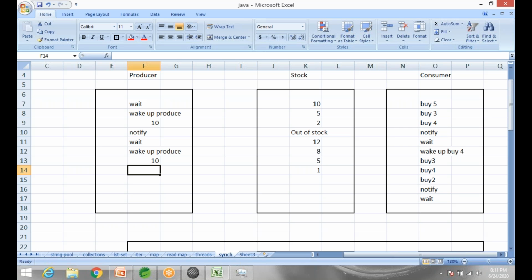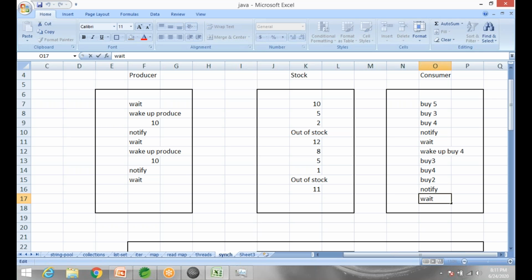What do you do next? You notify. Notify the consumer. And what do you do? Notify. Wait. You wait. Once you notify, whatever the backlog, buy 2. This was in out of stock order. 1 became 11 after producer added 10.